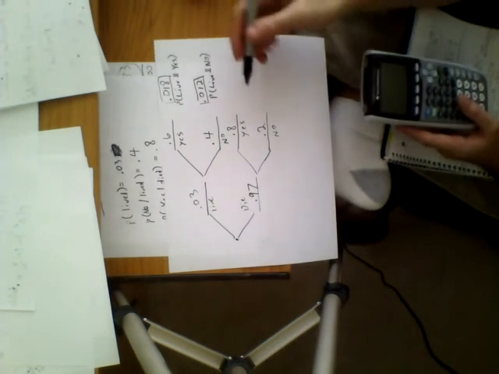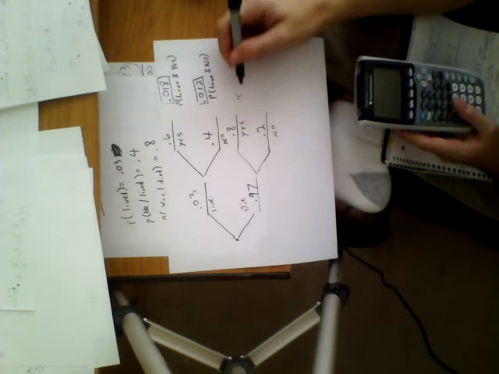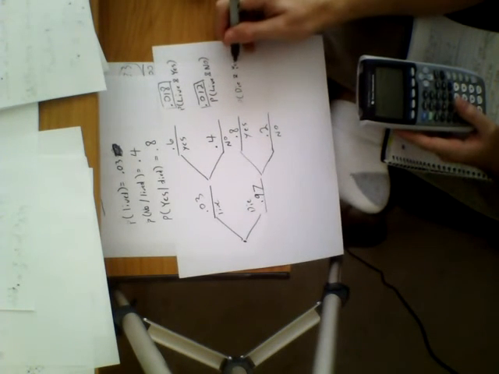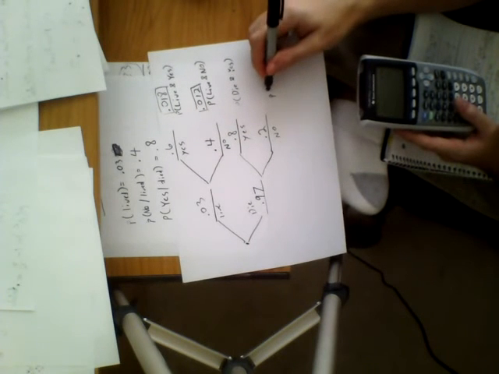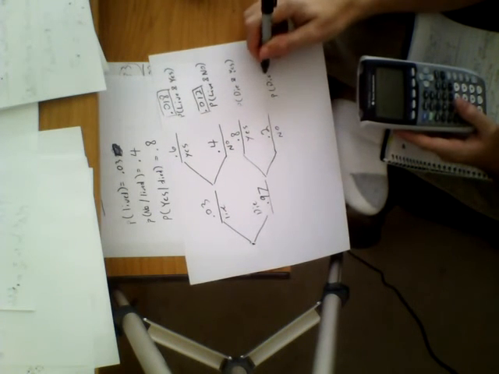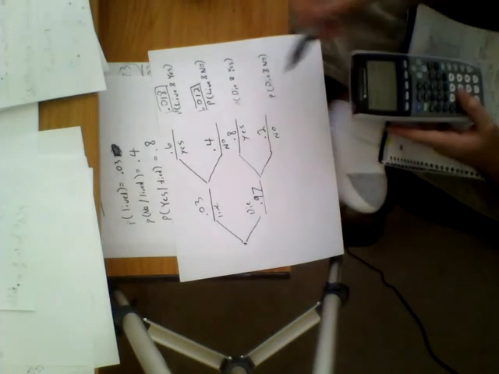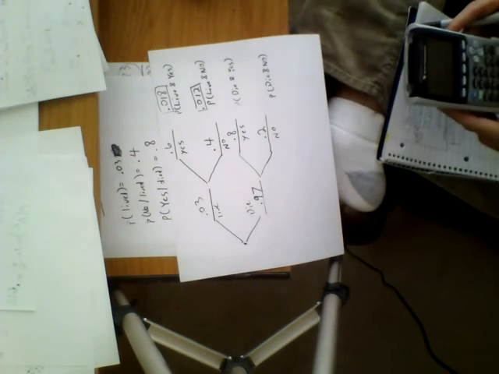Alright, continuing on down. What's the probability of dying and yes? And what's the probability of dying and no? So you have 0.97 times 0.8.